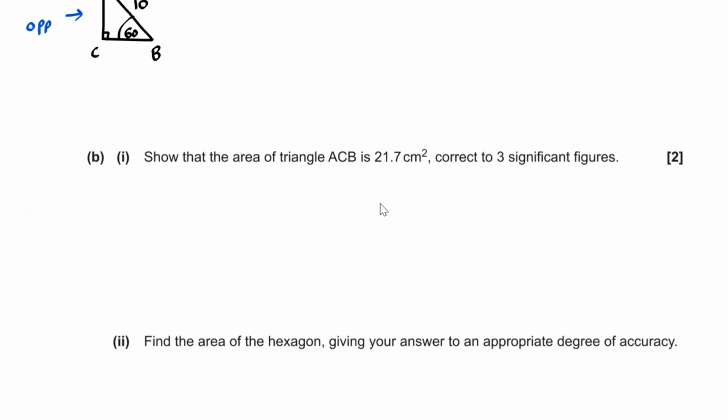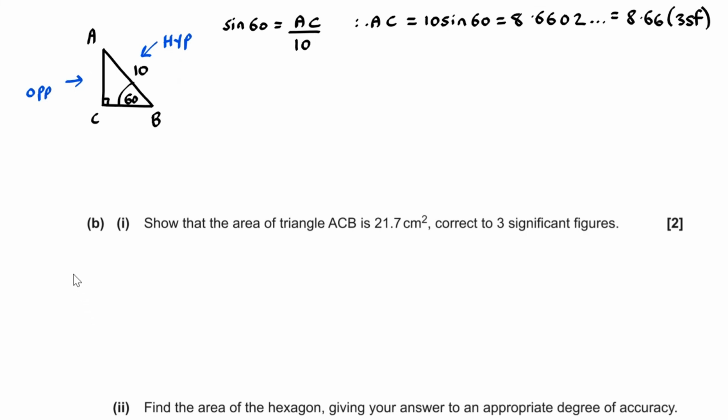So if we draw on this triangle once again, we've got a triangle over here with A, C, B. We've got 10 here. We've got 5 root 3, and it's easier to use your exact value. We can now find out what CB is.